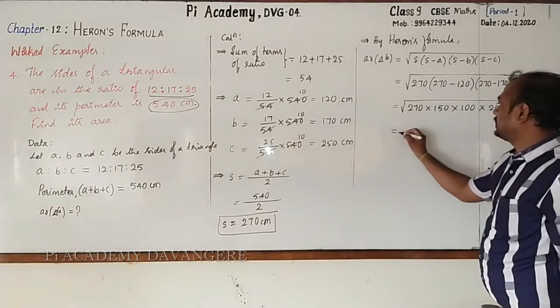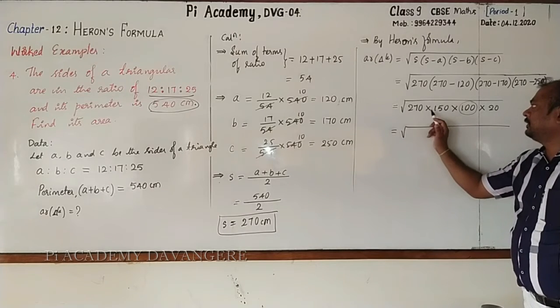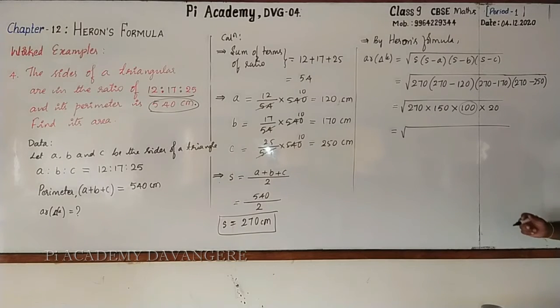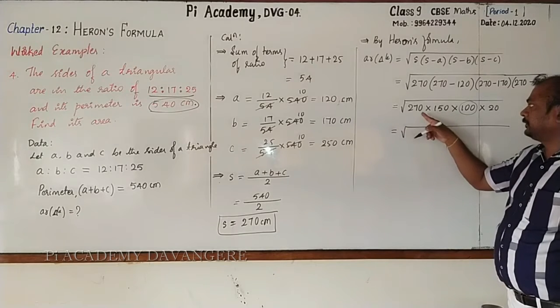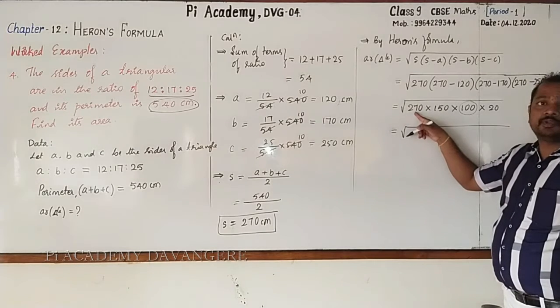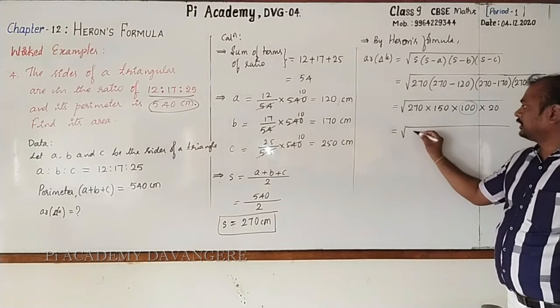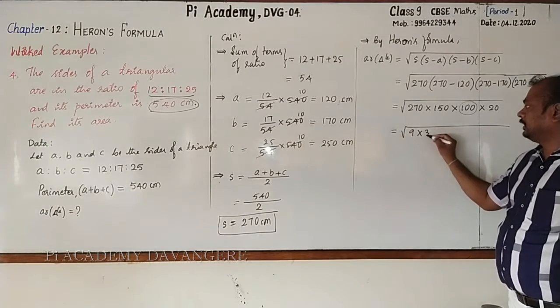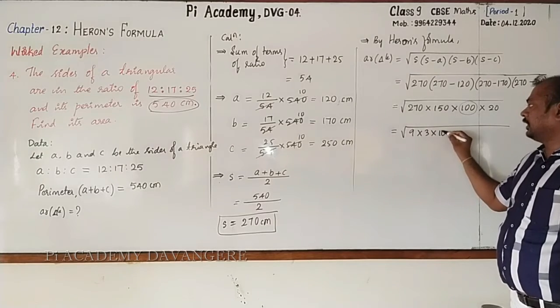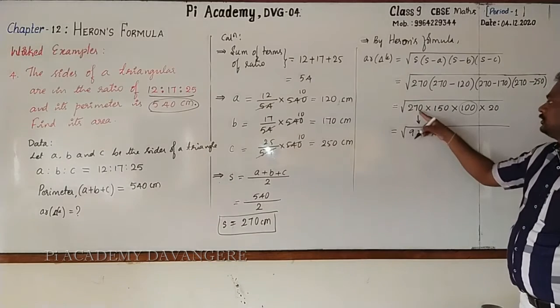You can observe that here 100 is already a perfect square, no need to disturb this one. Whereas for 270, 150 and 20, how do you go for taking? Can we write this in terms of 9? See that 9 threes are 27. So I will write 9 into 3, 9 threes are 27, into 10, and 27 tens are 270.